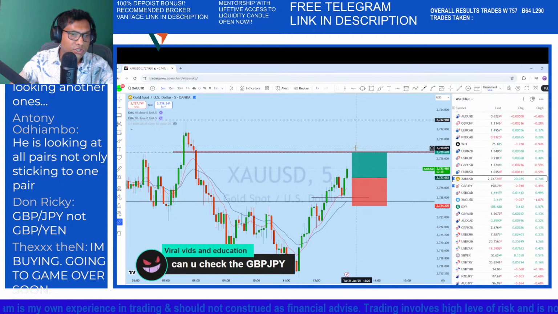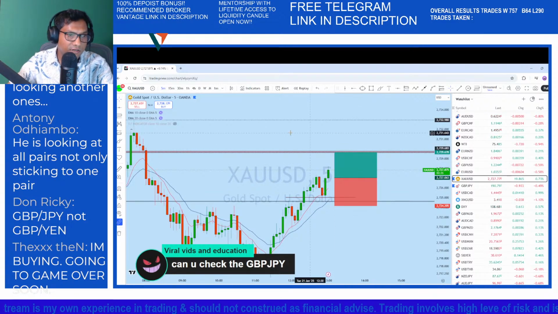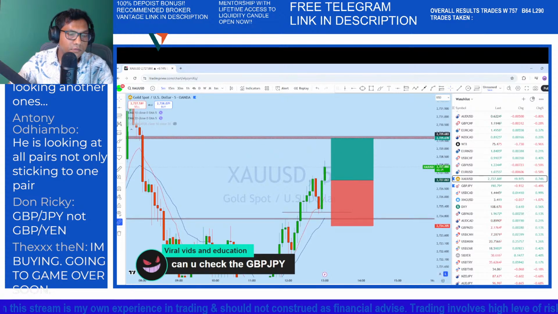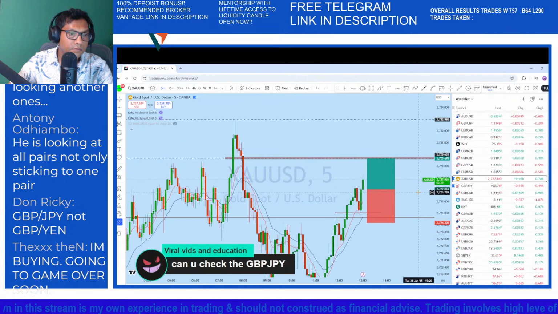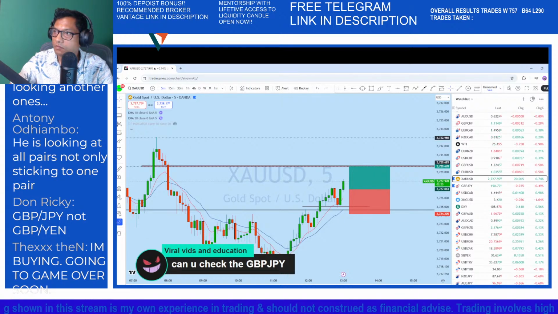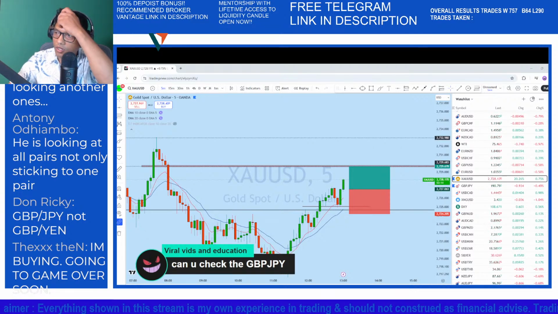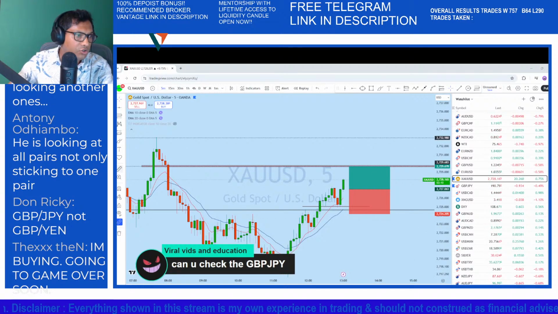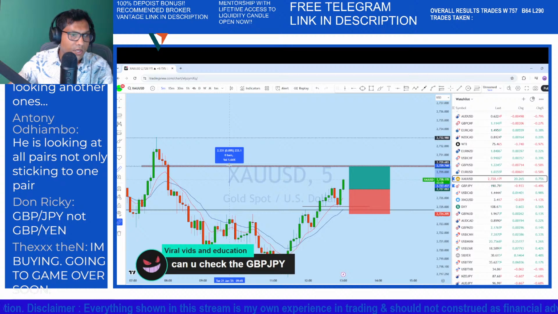So want to see that it's going up to the resistance line here. So here we entered into the profit zone. So here expectation to catch around 20 pip.